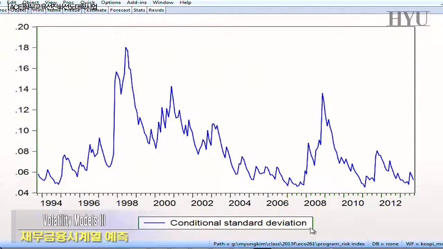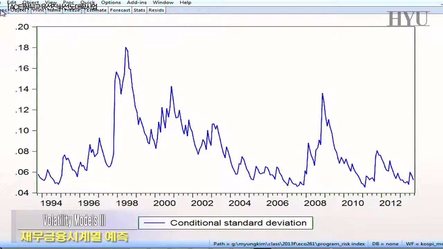I showed you last time how to save this as a series. Does anyone remember? From view or from estimate? Where do you find the menu that allows you to save sigma t squared? Probably you all forgot, right?